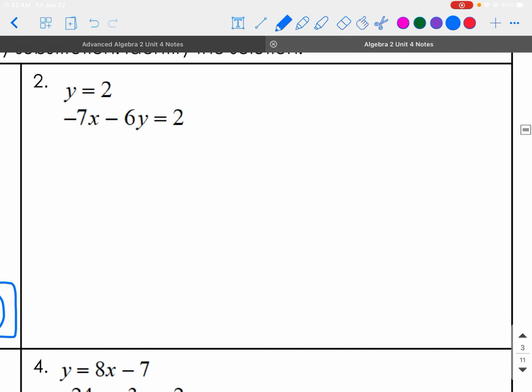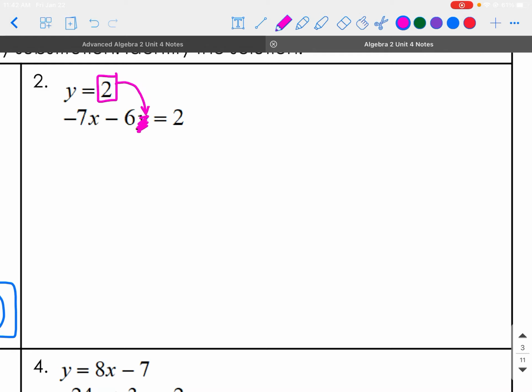Number 2, my first equation is y equals 2. So I'm going to draw a box around the 2 because that's what y equals. And I'm going to take that 2 and plug it into the y in the other equation.